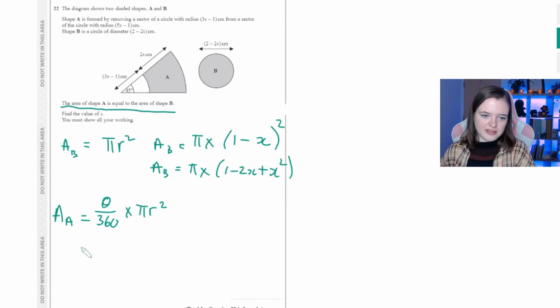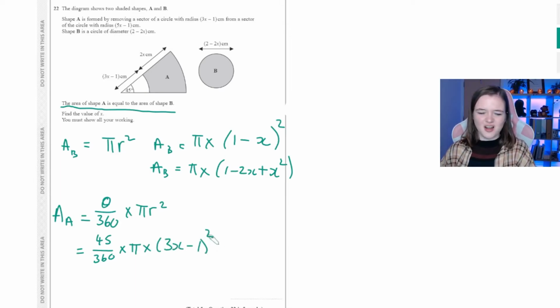So let's start filling this in. Let's do the white one first, then the full one, the big one. So for the white one, we've got 45 out of 360 times pi times radius squared, which is 3x minus 1 squared. It's a gnarly question, isn't it? Then let's deal with this. So 45 out of 360.